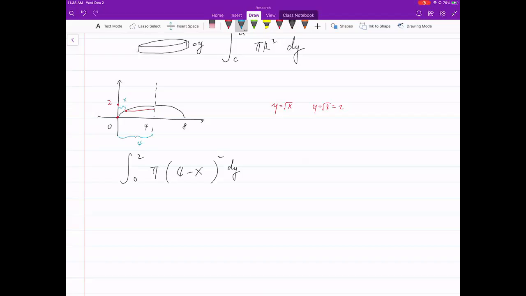This is x. 4 minus x will be the red radius I'm looking for. The bigger the x, the smaller the radius. Sounds good? Finally, I don't like this. I should replace it by that, so I can do the integral. X is not wrong. X is actually correct, but I want the same thing represented by y.